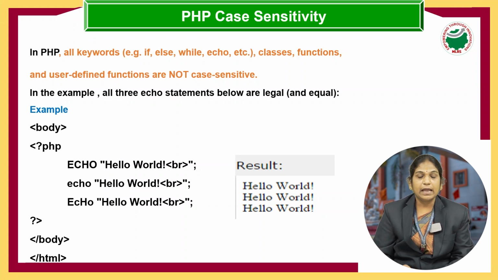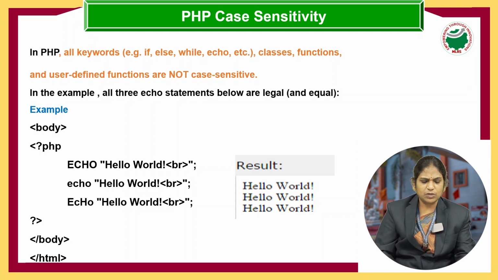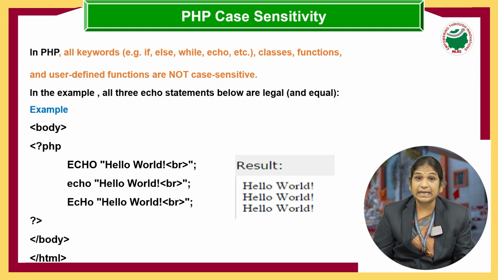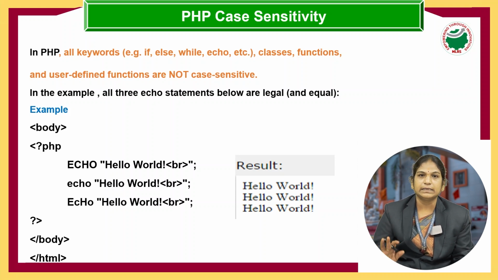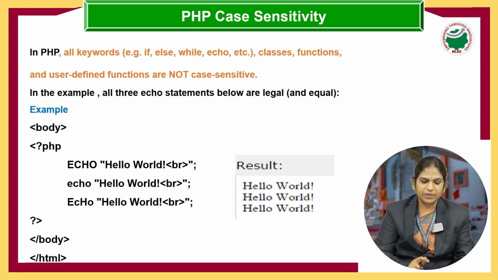For example, in this simple example I am using three echo statements with the same value written differently. Echo is a predefined statement in PHP. Here, echo hello world and <br> indicates a line break, meaning the cursor will move to the next new line. The first echo I have written as ECHO, all capital letters, and the output is hello world.